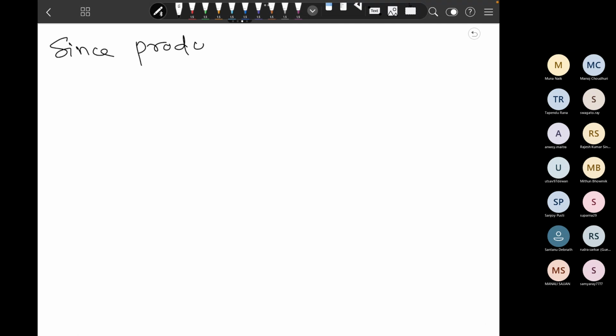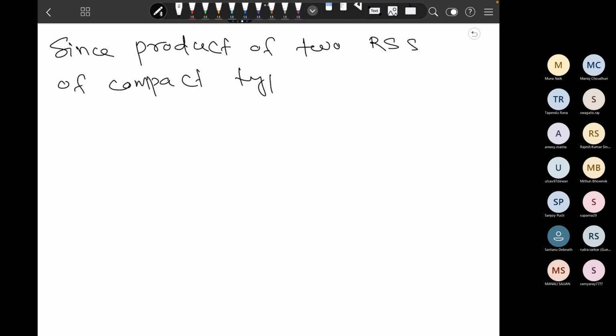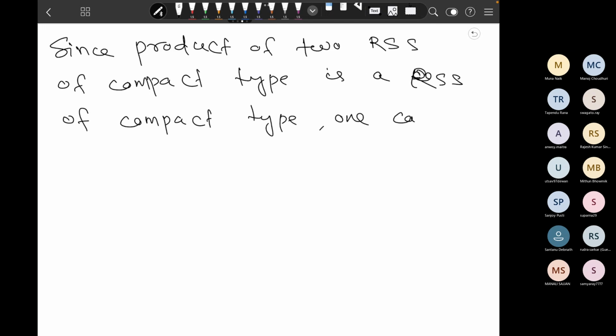Now, as you know, since the product of two Riemannian symmetric spaces of compact type is a Riemannian symmetric space of compact type, one can produce a lot of examples.